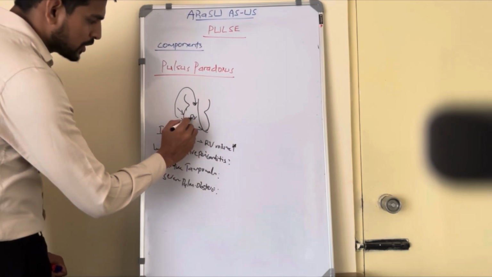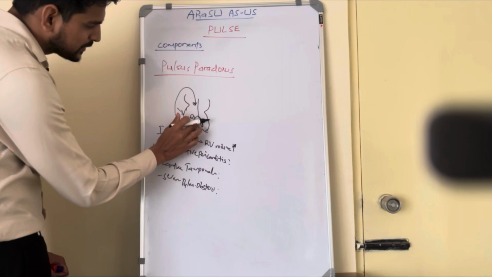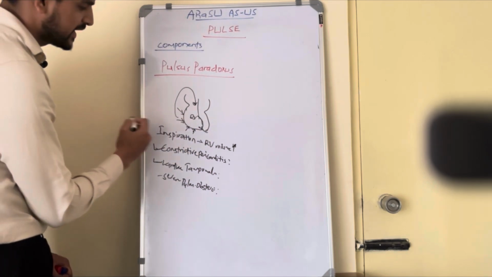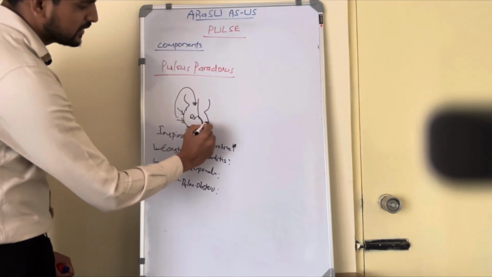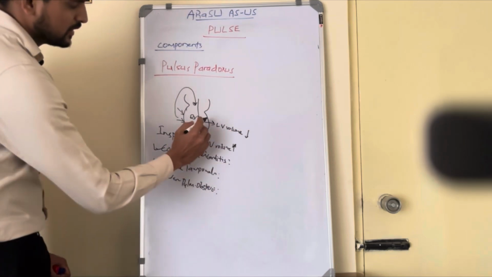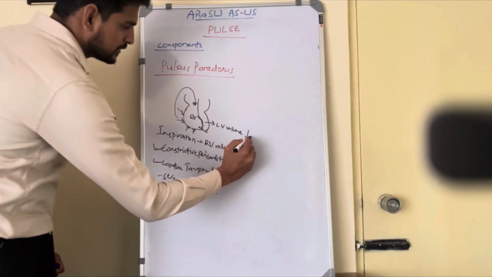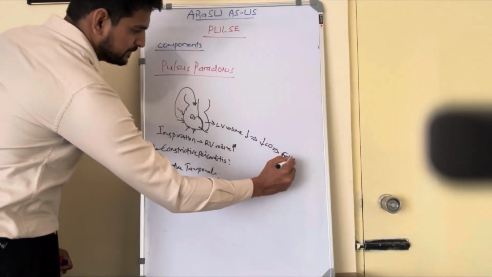So to accommodate that venous return, this interventricular septum will deviate towards the LV side, because it cannot expand on the outward side. This septum will deviate. So then what will be the result? The LV volume will be low, decreases. So because of that, it will pump lesser amount of the cardiac output. So there will be decreased cardiac output, which will be manifested as fall in BP.